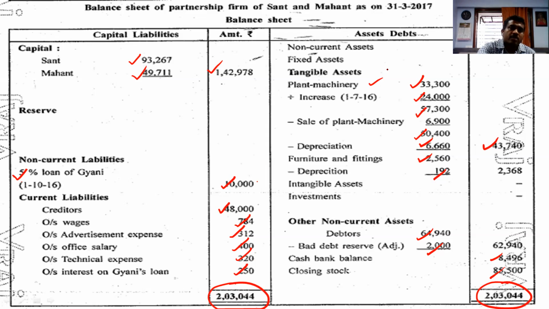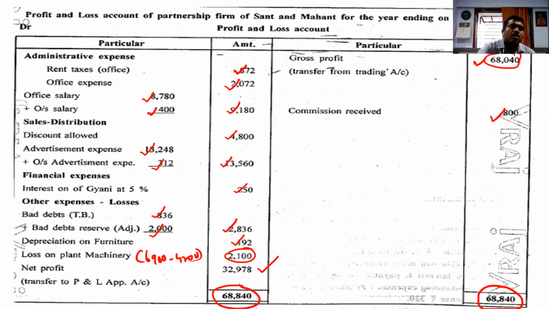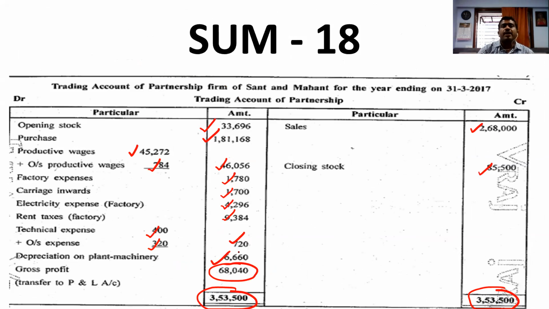And the loss was also there, 6,900 minus 4,800, 2,100. That was the loss. And depreciation on plant and machinery is related to what? It is related to factory. That's why it comes on the debit side.